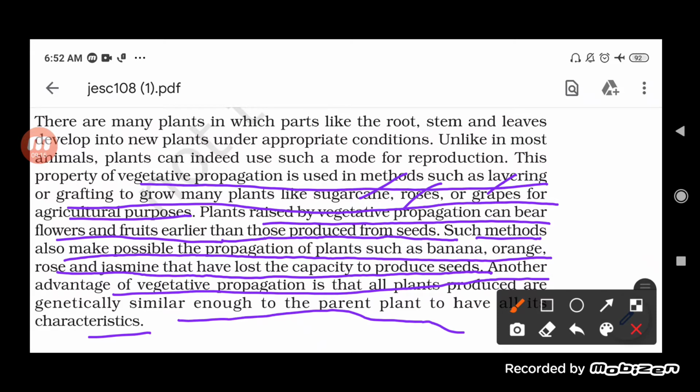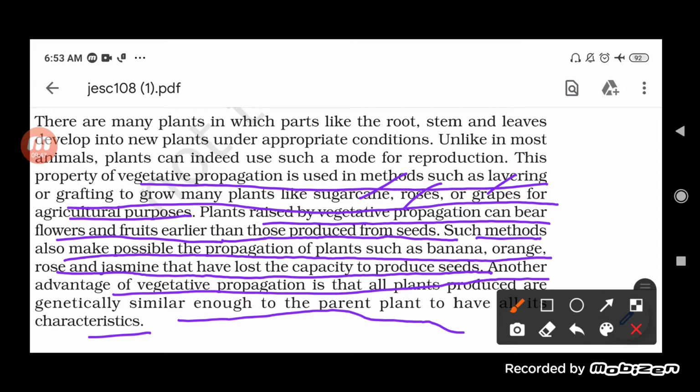Such methods also make possible the propagation of plants such as banana, orange, rose, jasmine that have lost the capacity to produce seeds. See, this is important for many plants, because many plants are not able to produce seeds. If you look at the banana, or the rose or jasmine, how is rose planted, student? With the stem only.